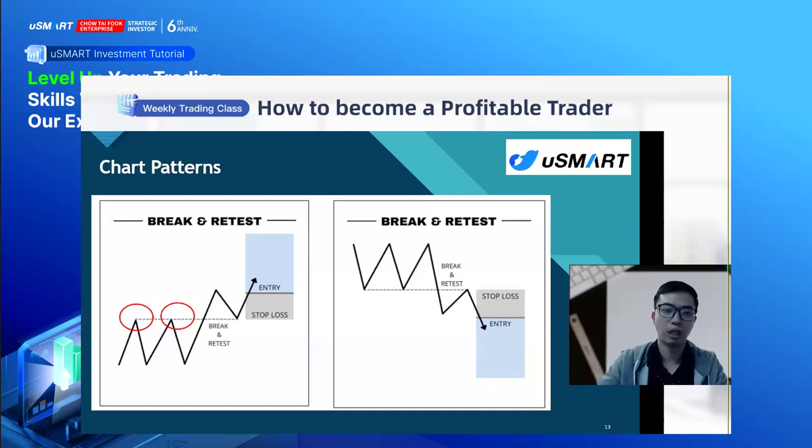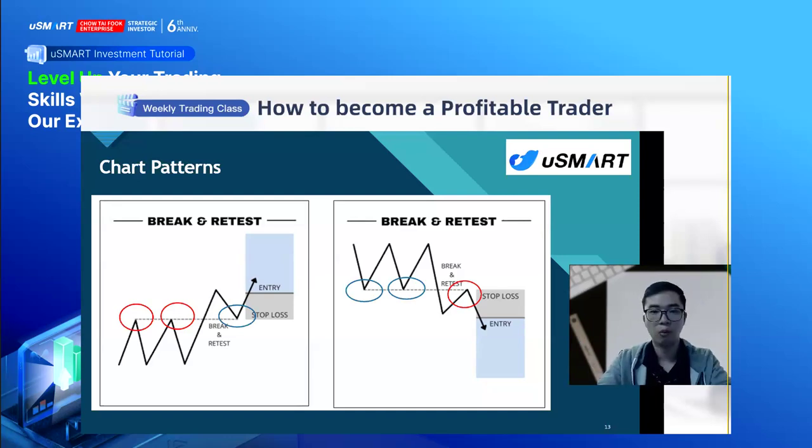The cutoff is slightly above or below the previous resistance, and then we target maybe a risk reward of 1 to 1 or 1 to 2. It's the same for the opposite, which is a short. When doing a short, there's a support that it breaks, then it goes back to the previous support area.